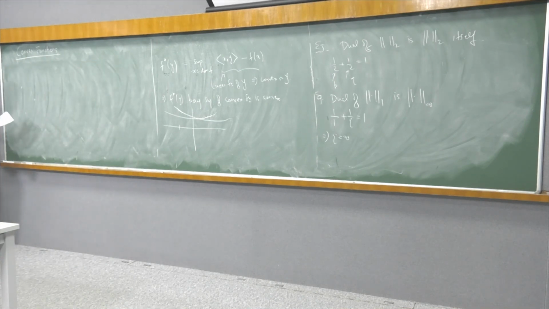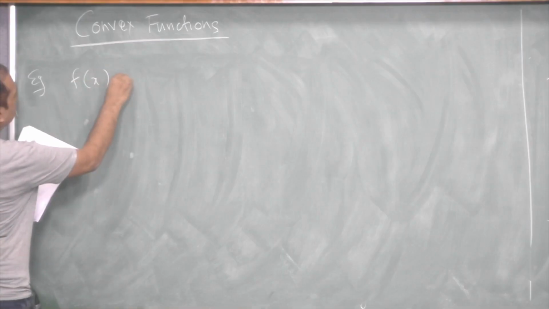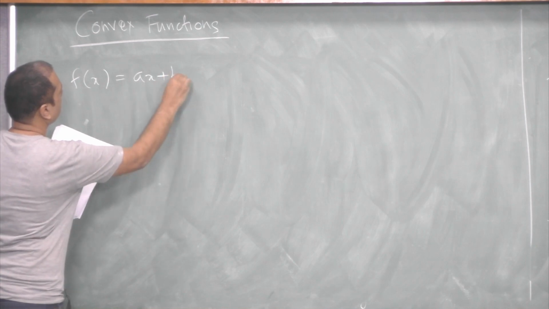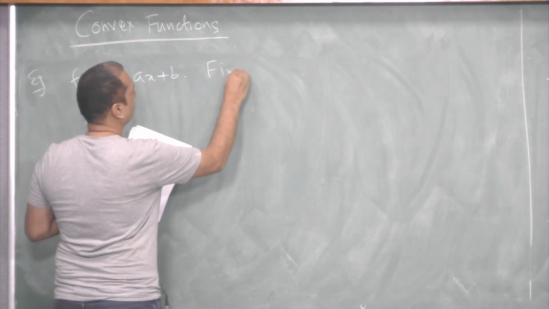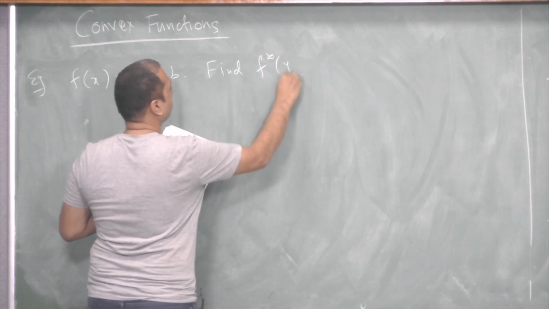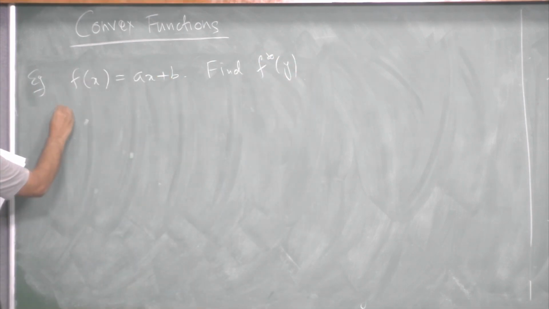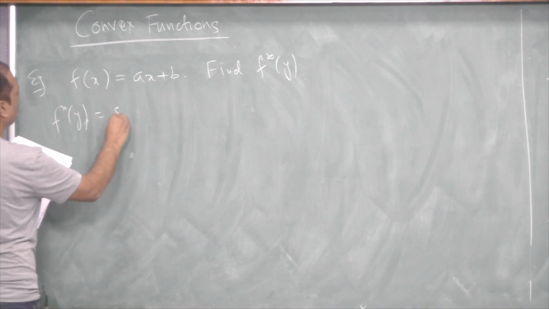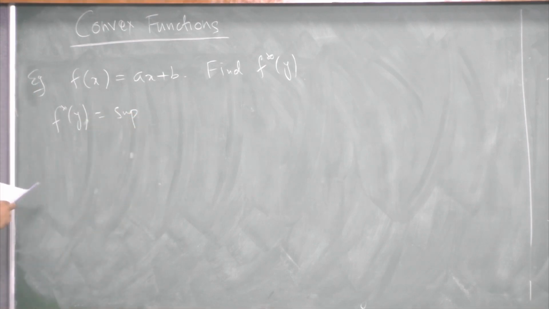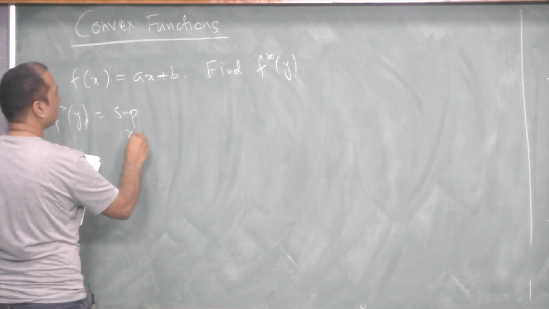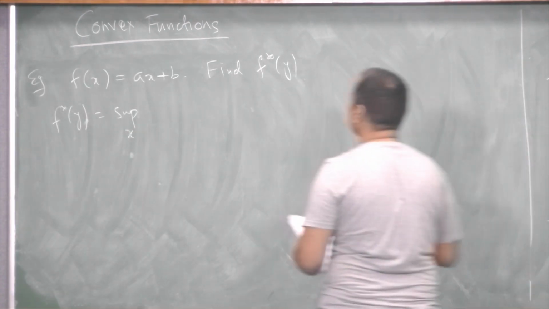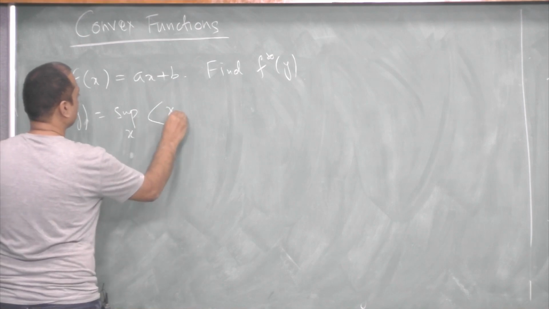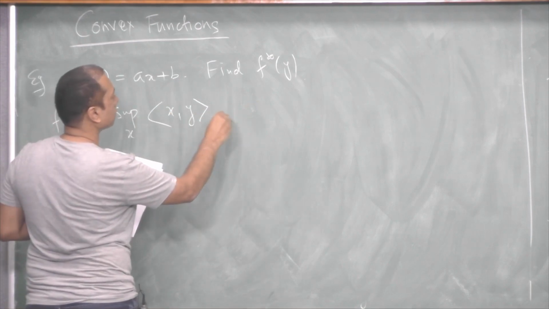So let us say I'm given a function f(x) = ax + b, then the question is find f star(y). So if you write down f star(y), it is the supremum over x of the inner product of x with y minus f(x).